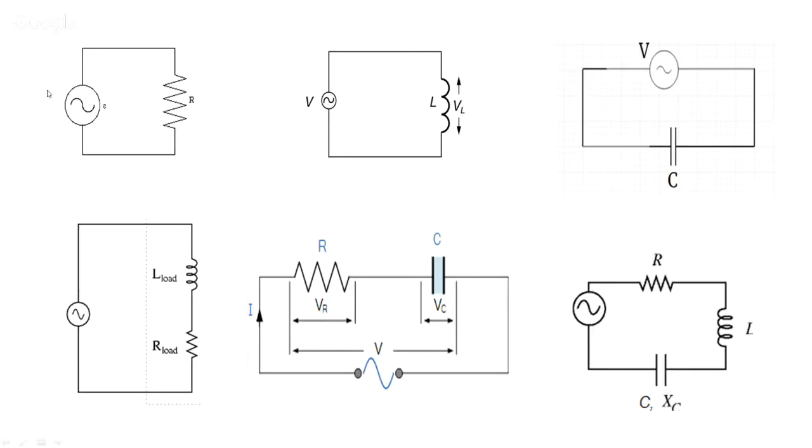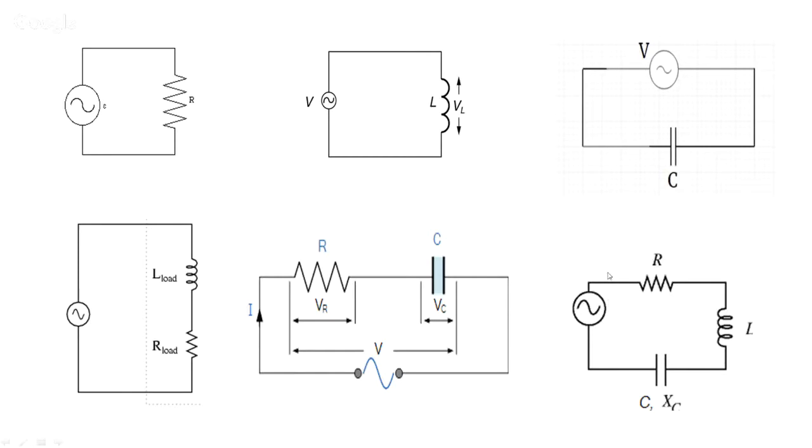Now here this is a single phase supply where there is only resistance in the circuit. Here again there is only inductance in the circuit. Here there is only capacitance in the circuit. Here in this circuit it is a combination of resistance and inductance. In this case, it is a combination of resistance and capacitance.